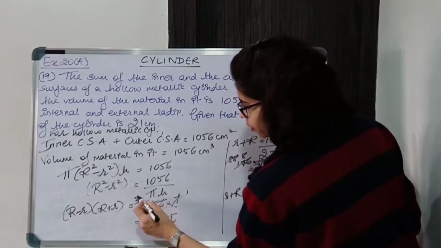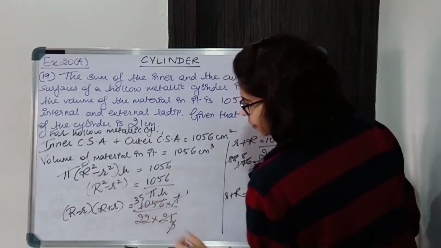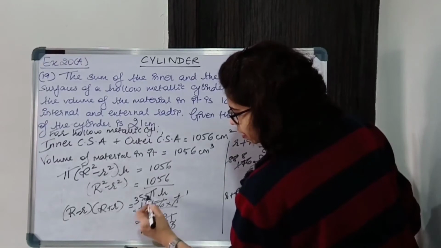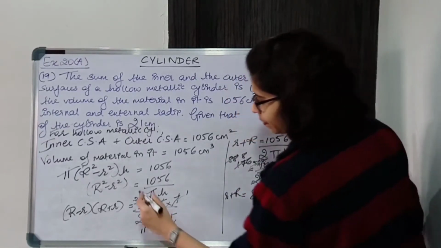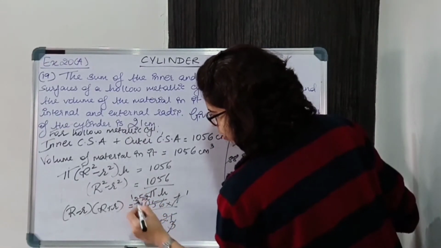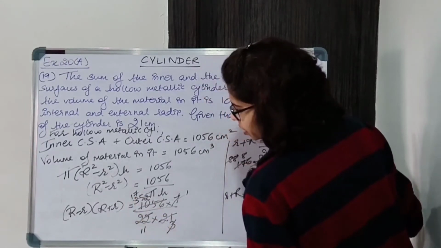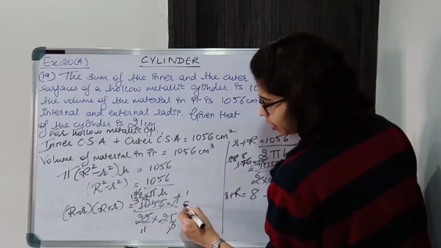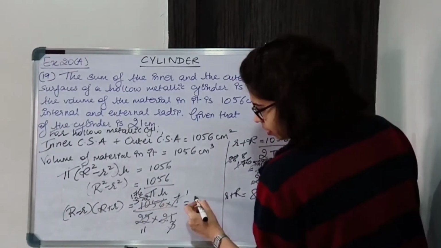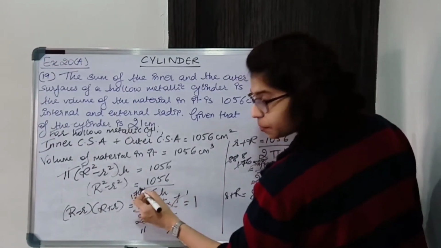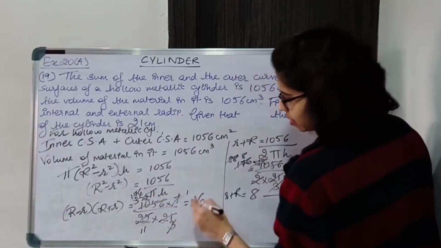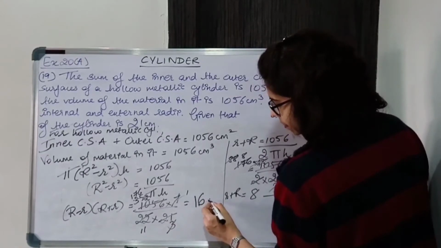Okay. 3 5s are 15 and 3 2s are 6. 2 11s are 22. This will give 1s are 2, 7s are 14 and 2 6s are. This is again divisible by 11. Okay. 176 if you divide by 11. 11 1s are 11, 6 remains. Okay. So 11 6s are 66. So this will become 16.